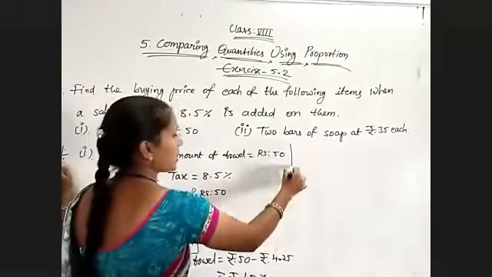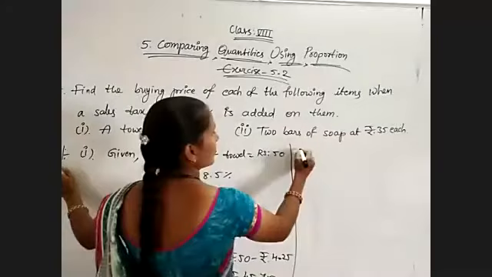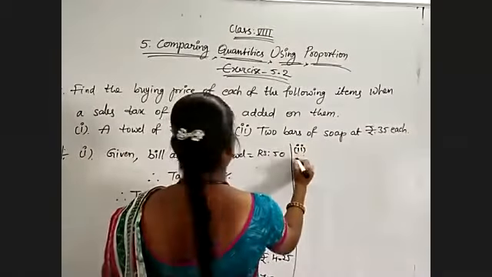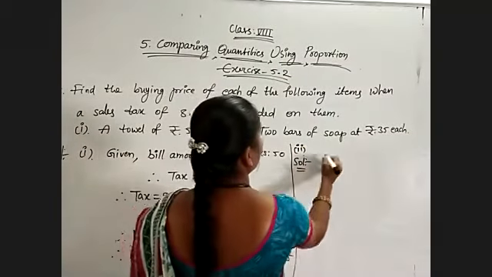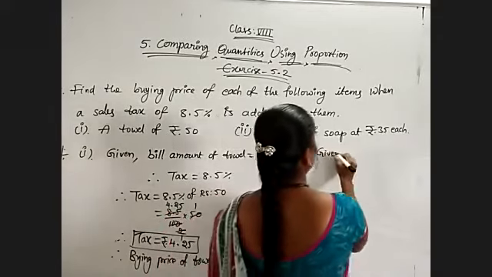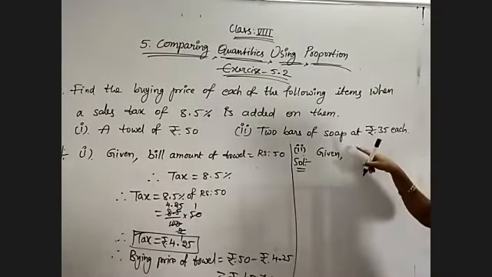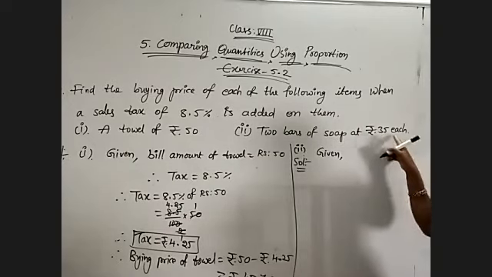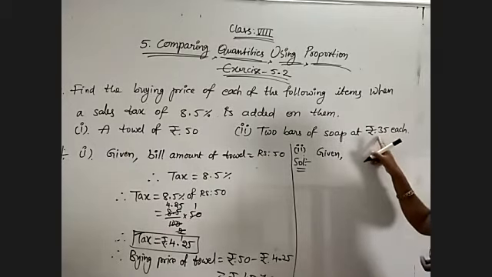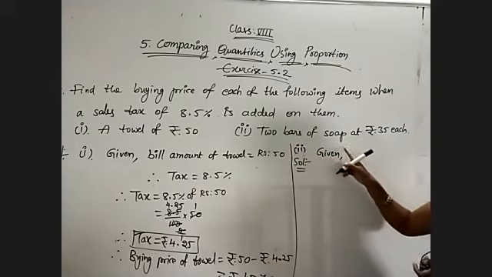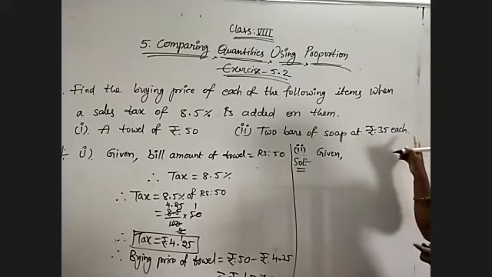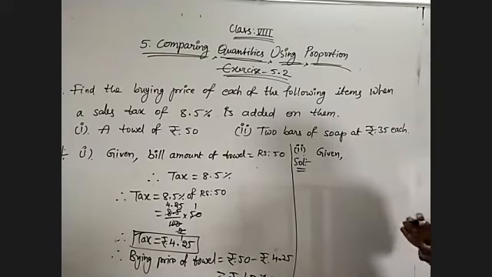Now coming to the second question. Given 2 bars of soap, means each 1 bar of soap cost is 35 rupees. Like that 2 bars of soap are there, that means 35 into 2, that is 70 rupees is bill amount.